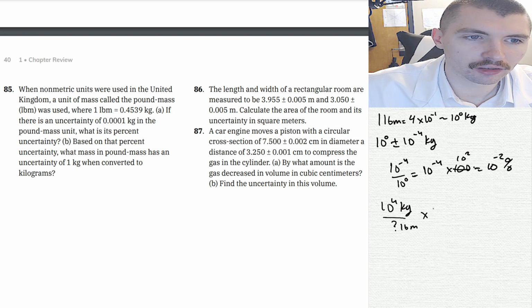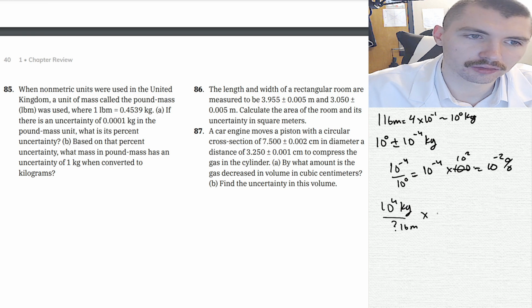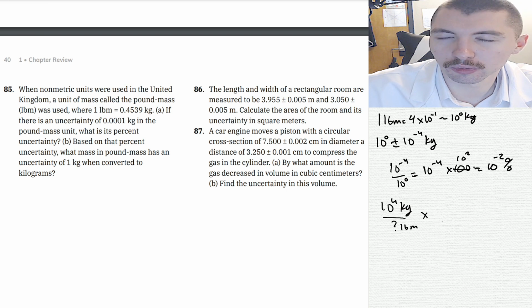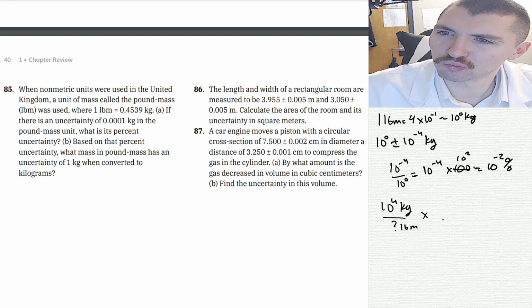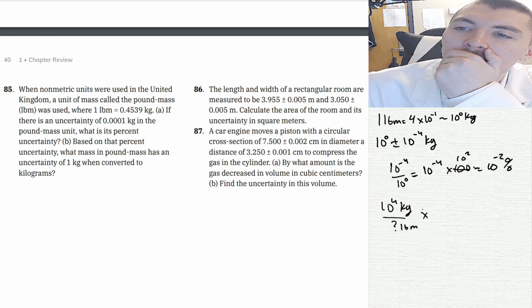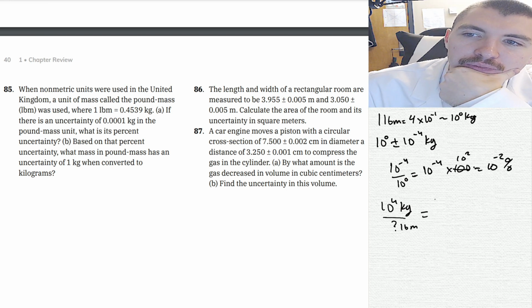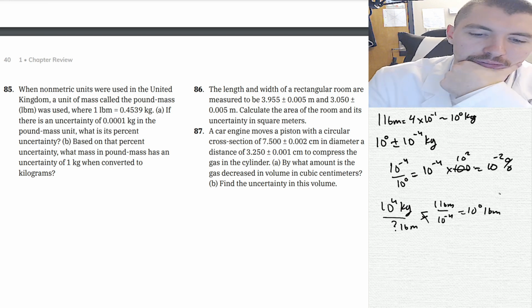I'm sorry. So that would be, we want pound mass on bottom, don't we? No, we would want kilograms on bottom. Equals 10 to the 1 pound mass. All right.